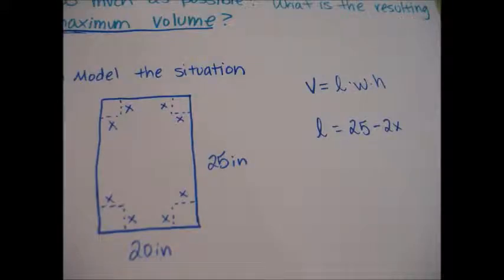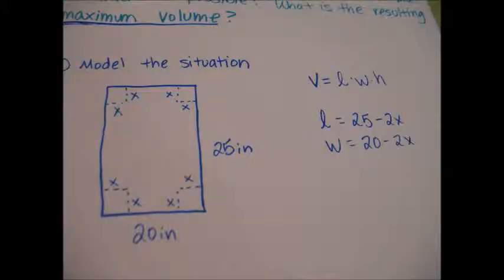Well, the length can be represented as the length of the tin sheet minus the two pieces that are going to be cut out. So L equals 25 minus 2x. And the width can be modeled the same way, but with the 20-inch side. Those are interchangeable because it's multiplication. I could have represented the length as 20 minus 2x, and the width as 25 minus 2x, doesn't matter.